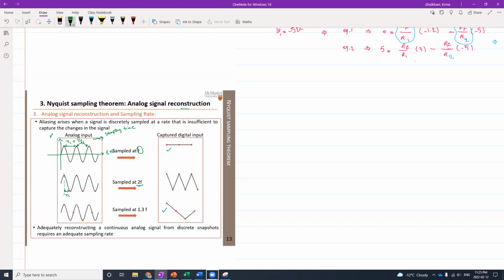What if I have more frequency? At higher frequency, I will get more samples, for example, here, here, and here. Then this one will be more accurate, and I can understand the behavior of the captured digital input more clearly.